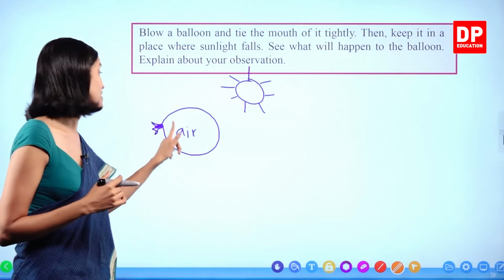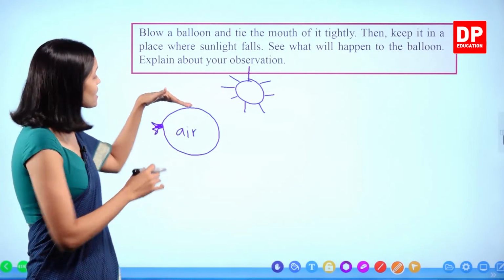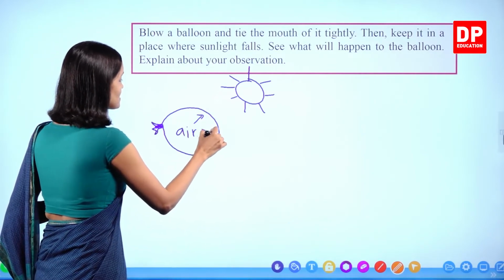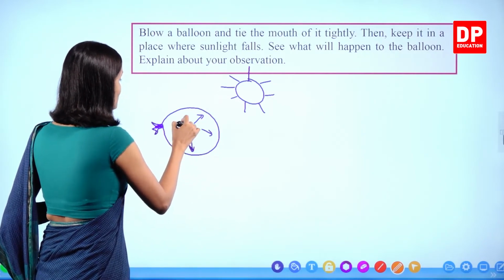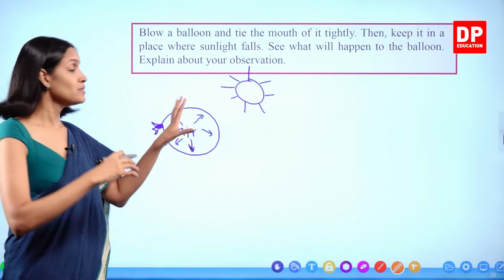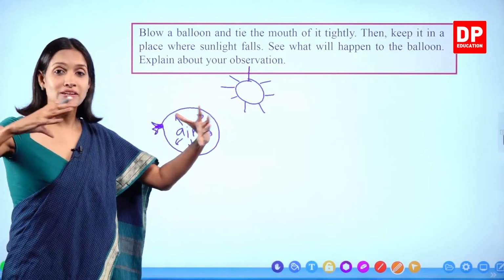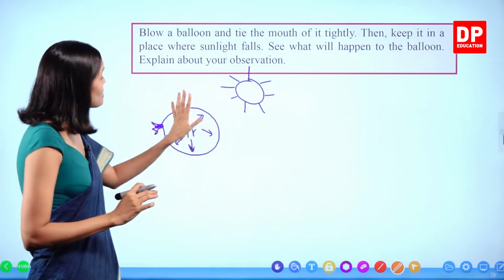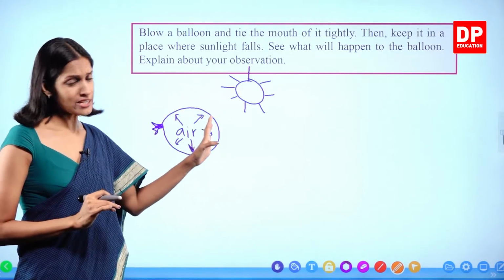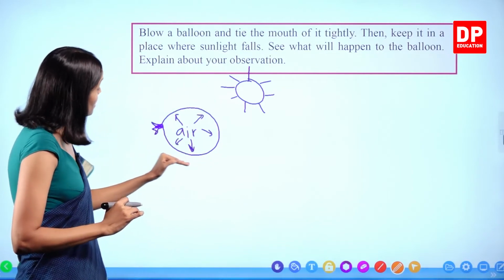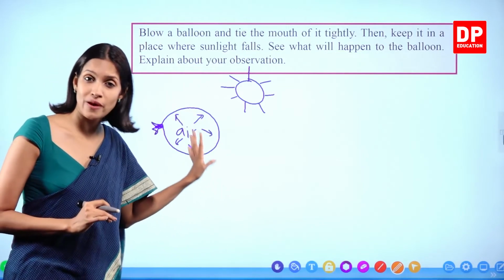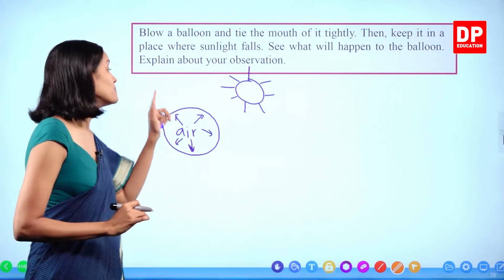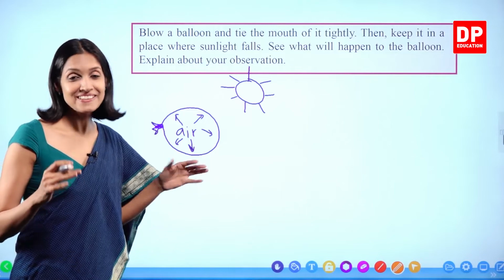Yes, the air will expand. Expand means the volume increases. Because the balloon is made of rubber, the balloon membrane can also expand. But at one point there will not be enough space for this entire amount of expanded air inside the balloon. At that time, the balloon will burst. Right, children?